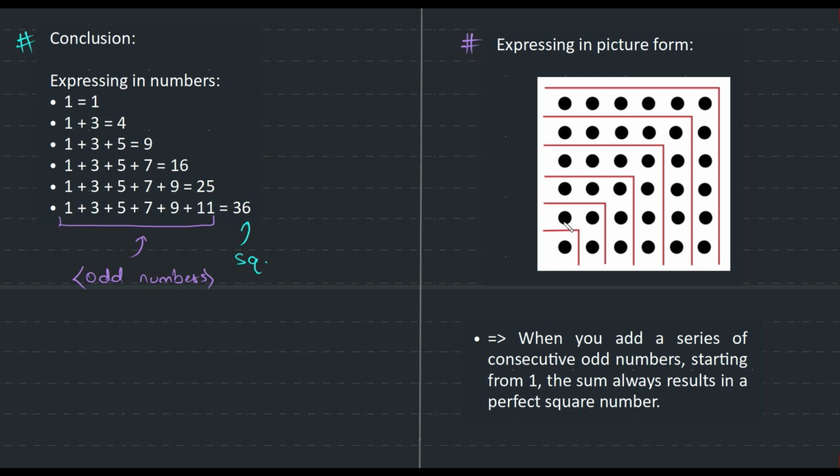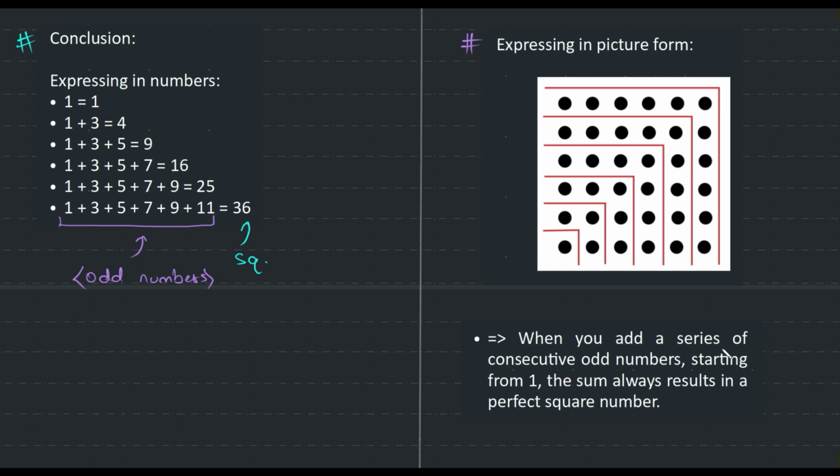So in terms of a picture, if I put any grid, 5 by 5, 6 by 6, all I have to do is just draw this red line and I'll get the sequence 1 plus 3 plus 5 plus 7 plus 9 plus 11.